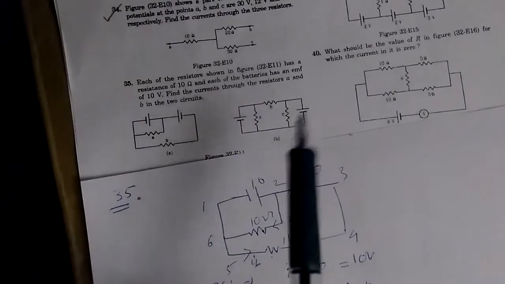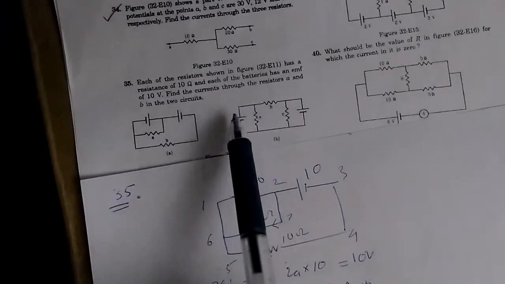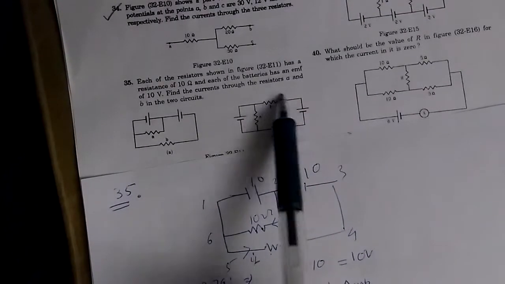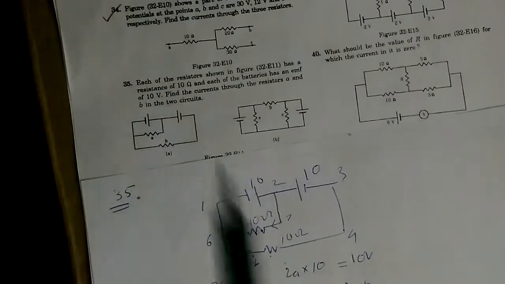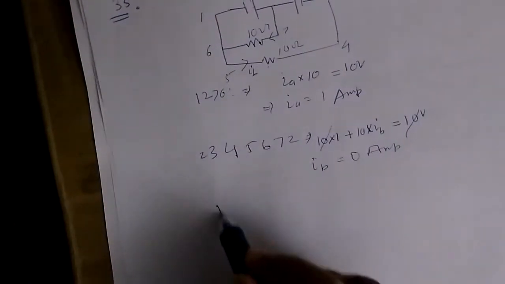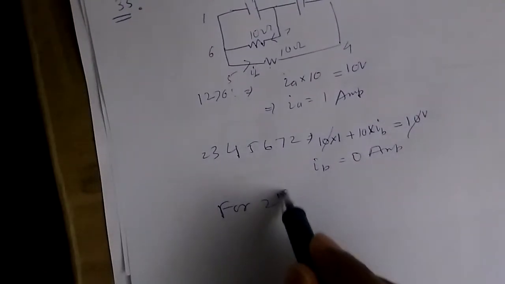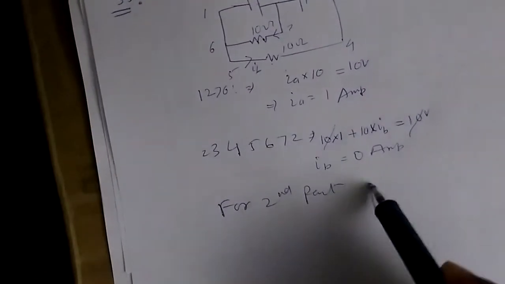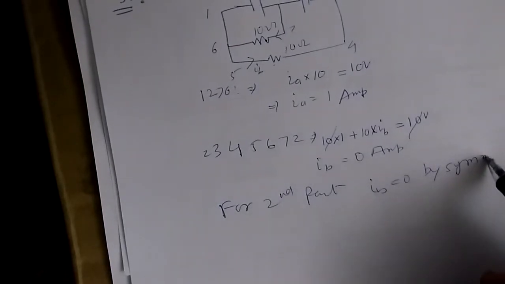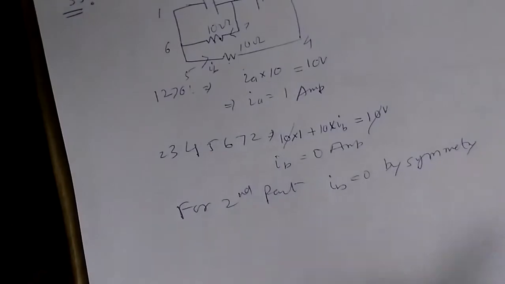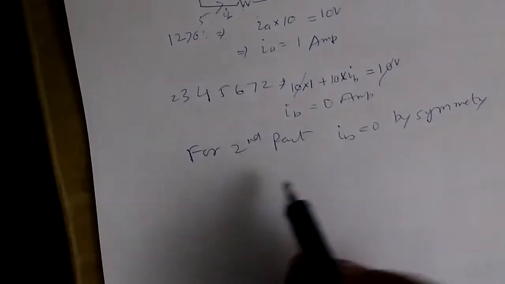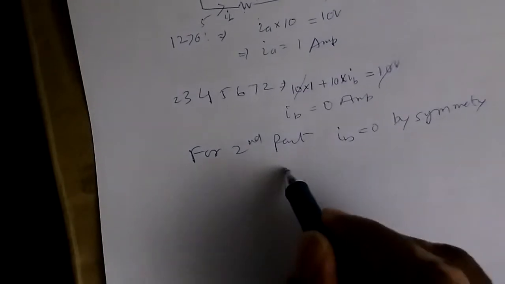And there is symmetry because the resistances are equal and these 2 voltages are equal. What it means is that the current in this resistor B is 0. So I simply write IB is equal to 0 by symmetry. In the exam, you will need to write some explanation the way I explained. So that reduces the circuit to a very simple circuit, something like this.